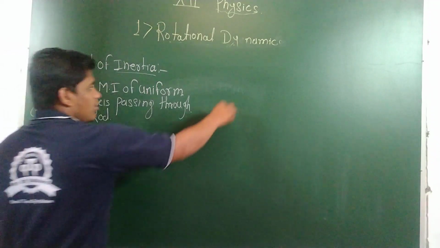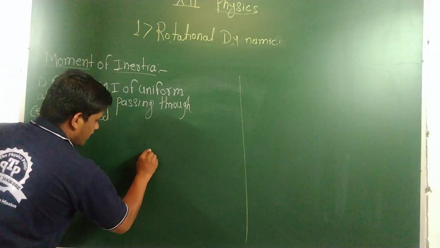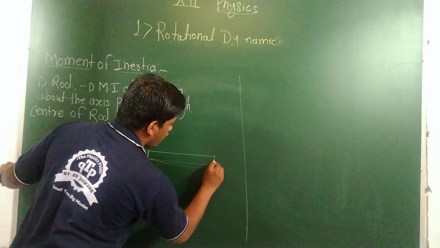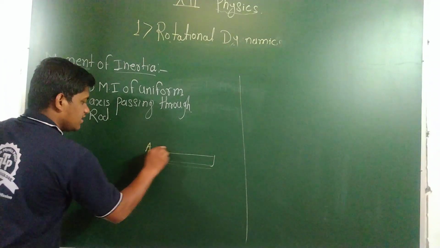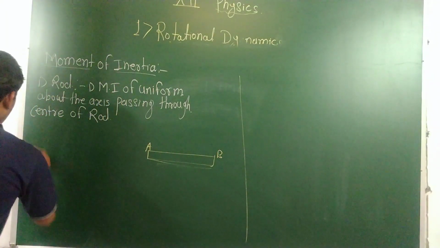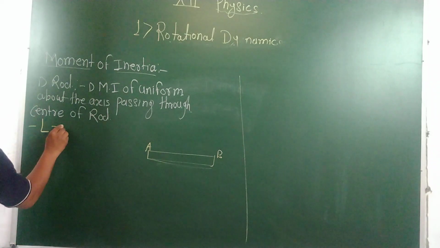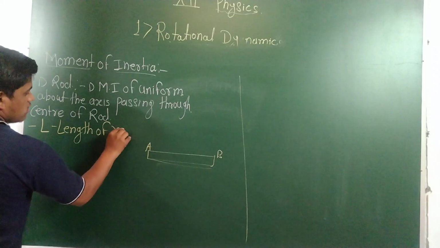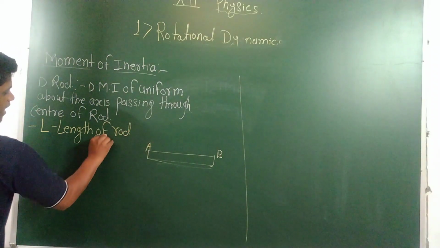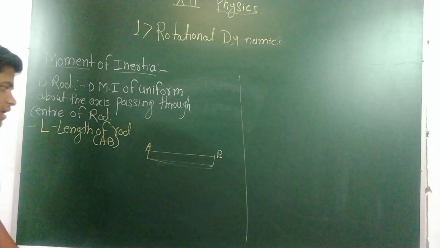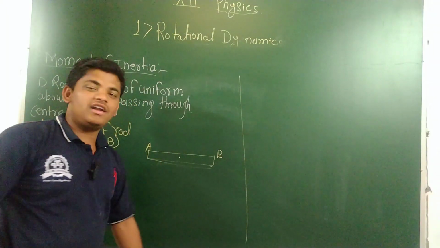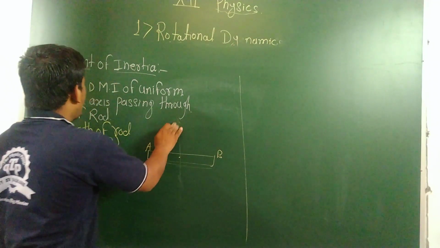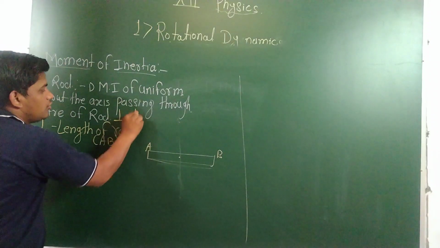Let's draw the diagram of that rod. Consider this is our uniform rod, having length AB, that is L, the length of the rod. Now consider a point at the center of that object and draw a line perpendicular to the plane of the rod.